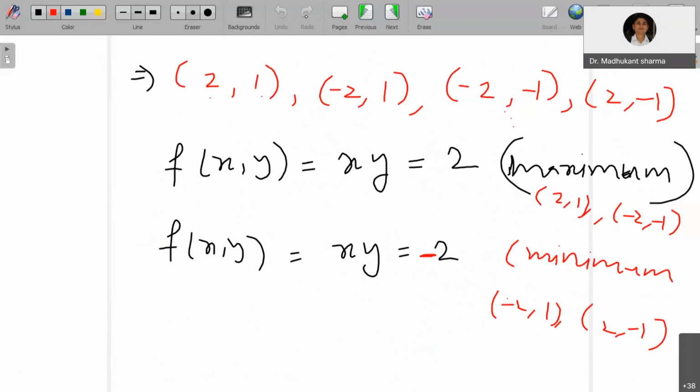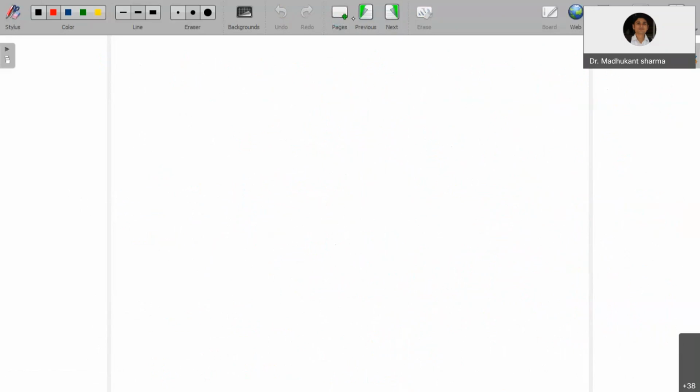So let's try to solve. I think I have one more problem now. That also we can understand geometrically as well. So let's take this next problem.